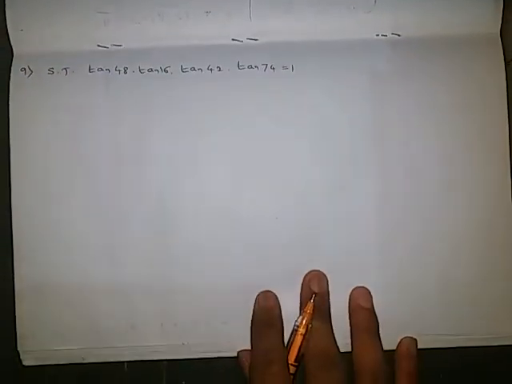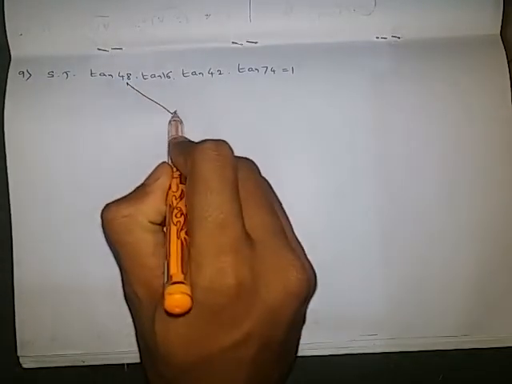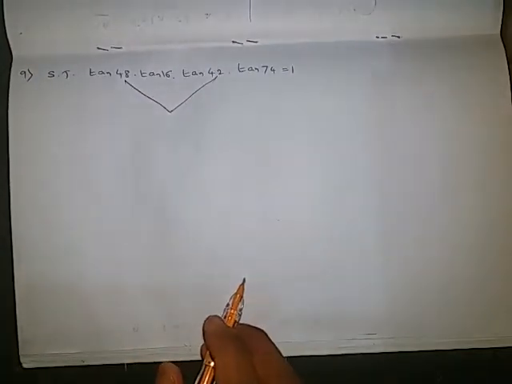Okay, now let's move to the next question. Show that or prove that tan 48 into tan 16 into tan 42 into tan 74 is equal to 1. So like the previous question, first we need to check which two angles sum to 90 degrees. 48 plus 42 is 90 degrees.